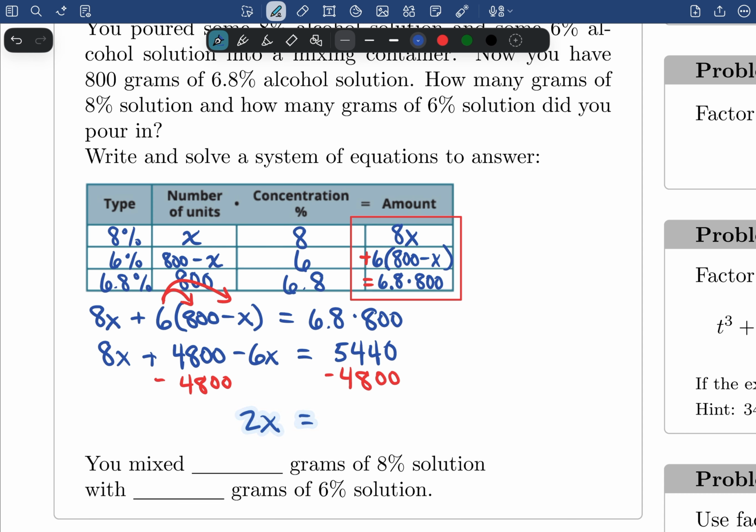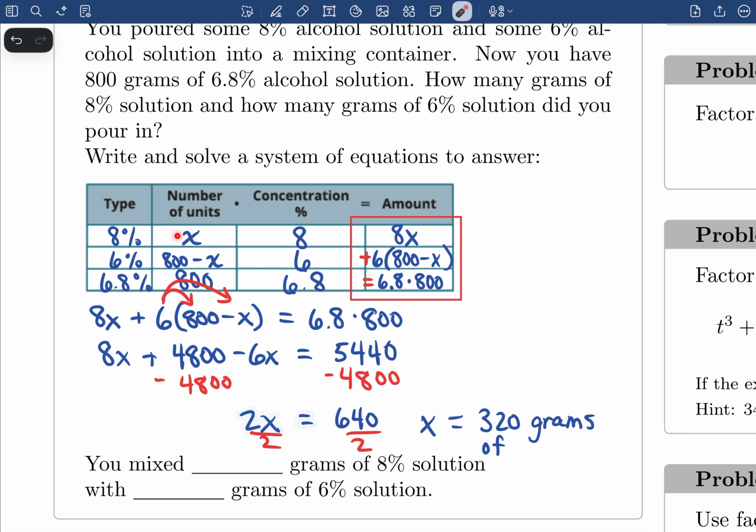Great. And now you're like, okay, well, solving is easy at this point because all I have to do is divide by 2, right? And I find out x equals 640 divided by 2, which is 320. All right. Now that's grams of, what did I say x was? I go back to the organized table I built.